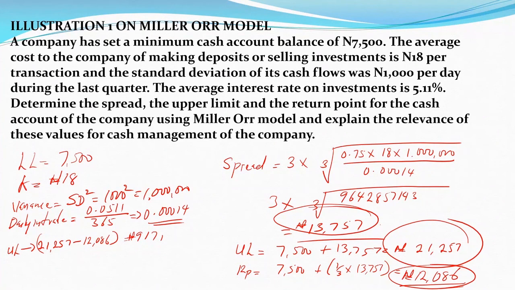Now, if my cash goes to the lower limit, which is 75, I will need to sell inventory worth 12,086 minus 75, 4586. So the whole game plan here is, if it gets to the upper limit, you bring it back to the return point. If it gets to the lower limit, you bring it back to the return point. Upper limit, you buy. Lower limit, you sell, just to bring it back to the return point.